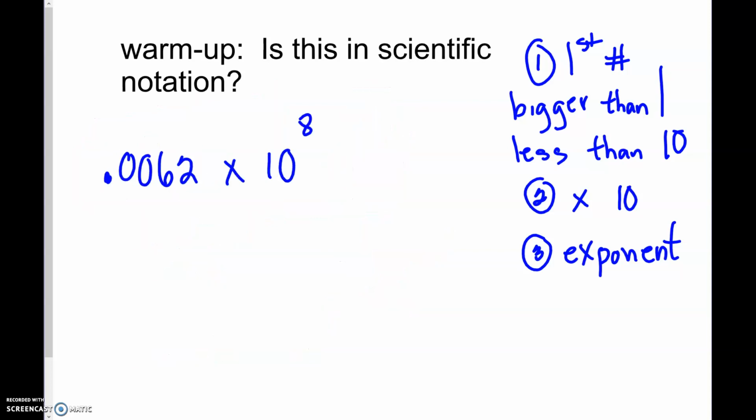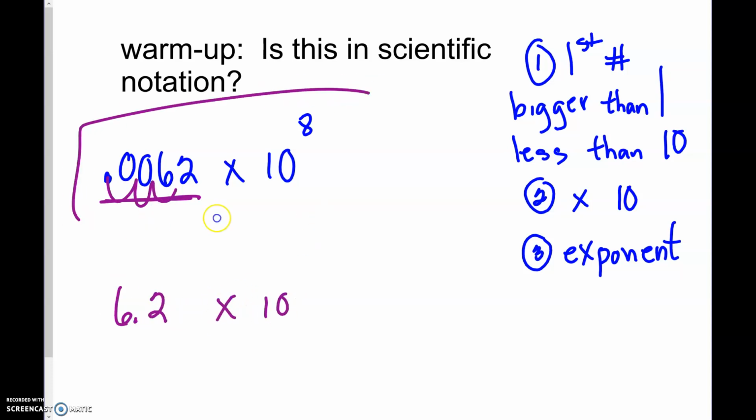We have another number. Is this considered scientific notation? Again, we start here: is that number between 1 and 10? The answer is no, it's not. So we need to move this decimal 1, 2, 3 places so that it becomes 6.2 times 10.